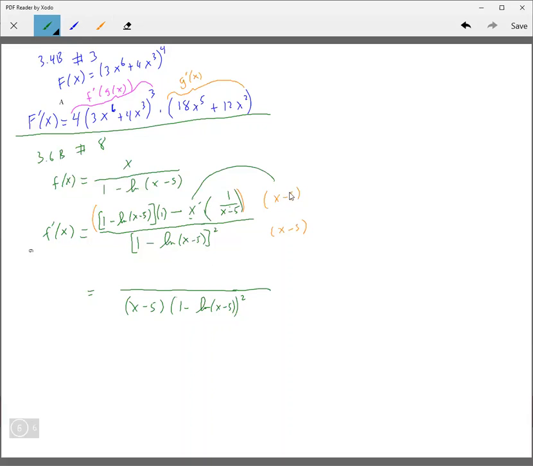So when I distribute it into here, it just gives you a minus x. Okay, and then this times this is going to be, this right here is x minus 5. And then this last piece is just going to be minus ln x. And then here, you're going to have minus x minus 5 times the natural log of x minus 5.